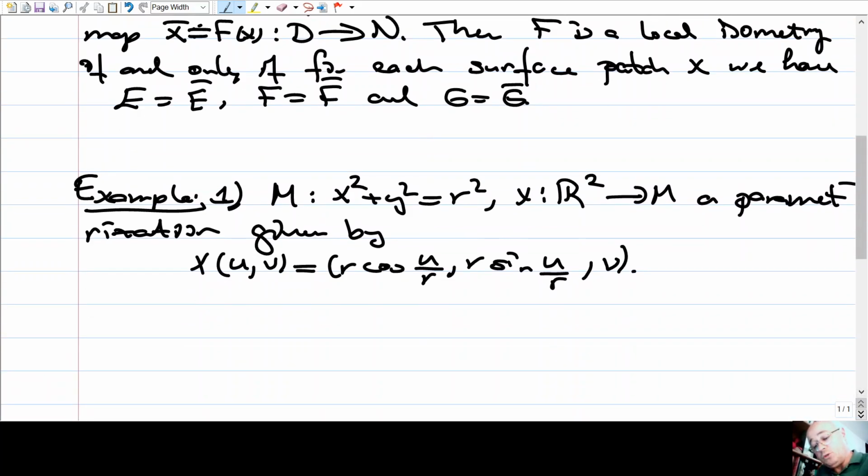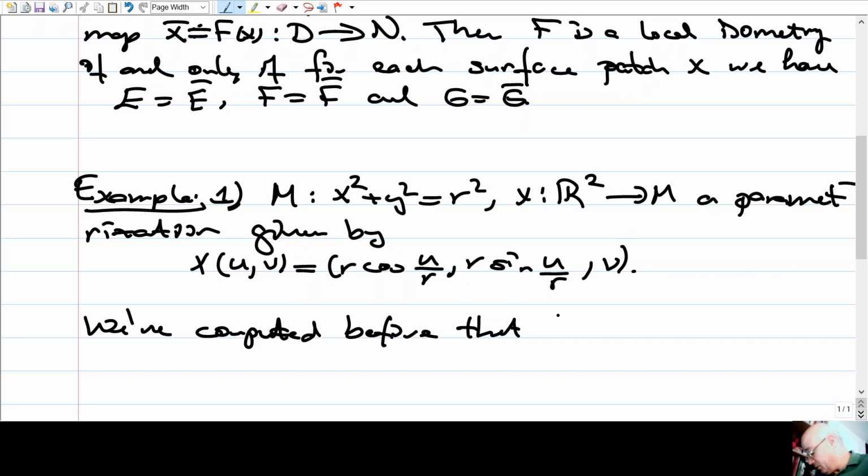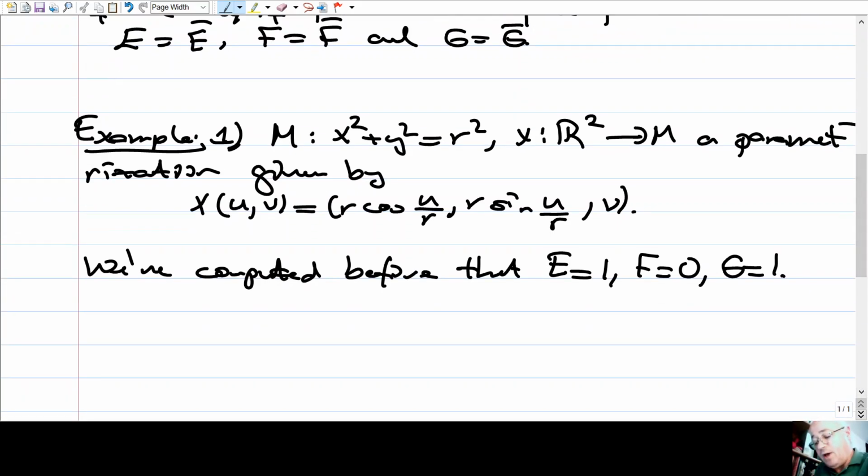We have computed before that for this surface patch, E was 1, F was 0, and G was 1. And we know that these values are also the values for the surface R2, right?